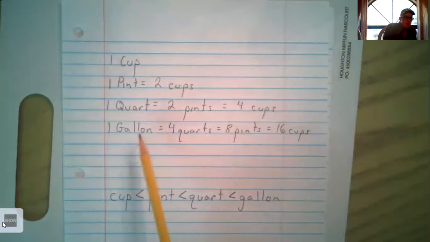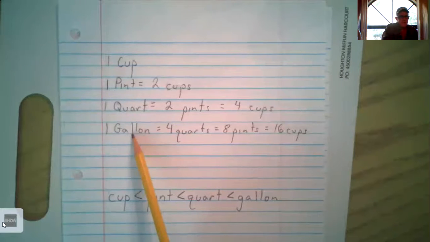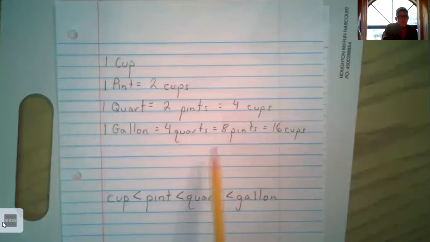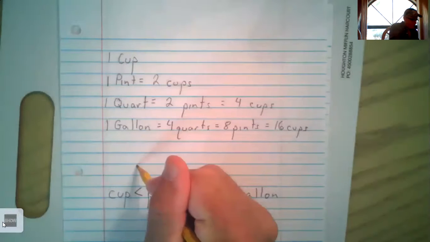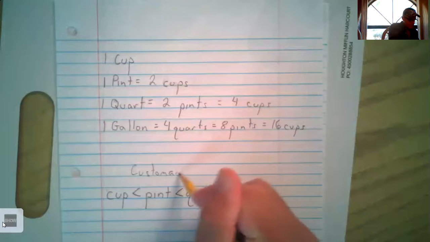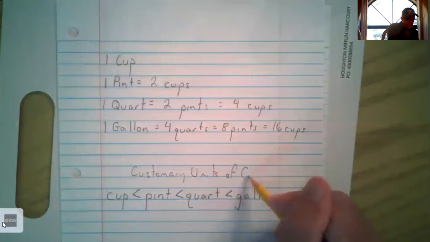Then the largest one that we're going to learn about today is our 1 gallon unit of capacity, which equals 4 quarts, 8 pints, and 16 cups. These are our customary units of capacity.